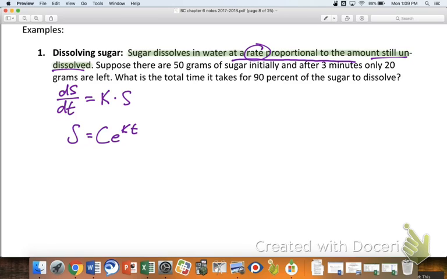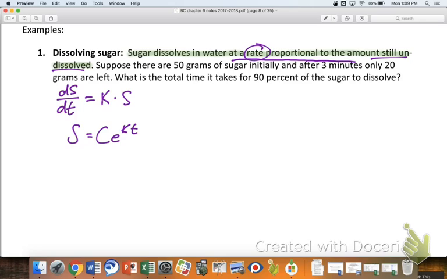If you don't know how to do that, watch the intro video. We'll do some stuff sort of like that today. But you want to know, either by process or by memorization, that that's the solution to that differential equation.